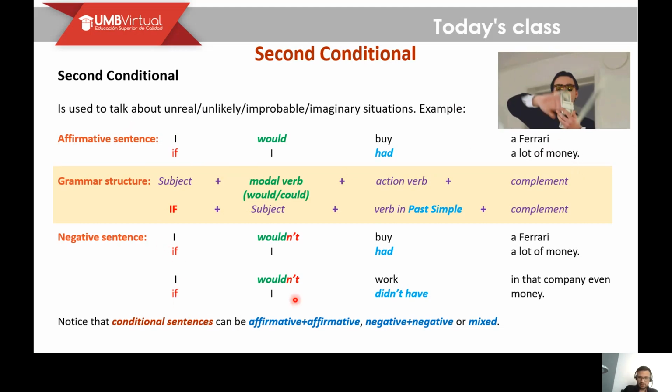Por ejemplo, esta. If I didn't have money, I would work in a company. ¿Listo? O se puede tener así como la tenemos sin coma, que es con el resultado primero y luego la condición.